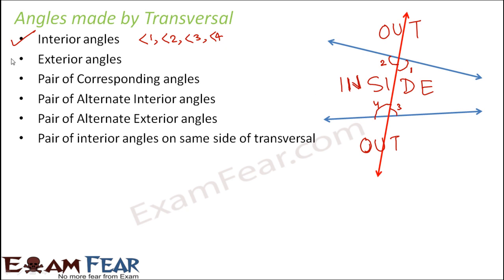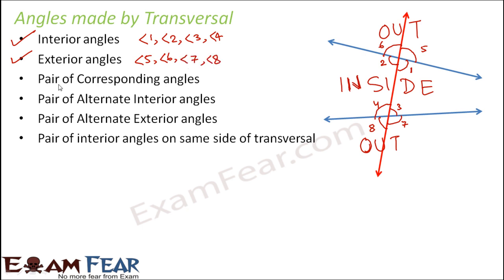Similarly, the exterior angles are those which lie on the outside. So these angles, let's call them 5, 6, 7 and 8. So these are exterior angles, angle 5, 6, 7 and 8.